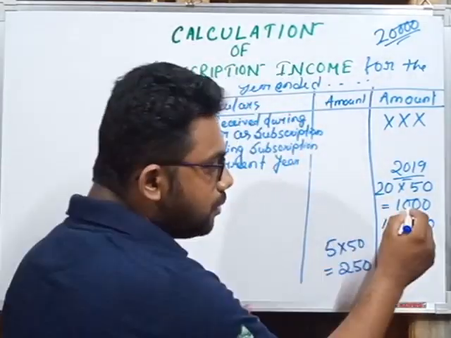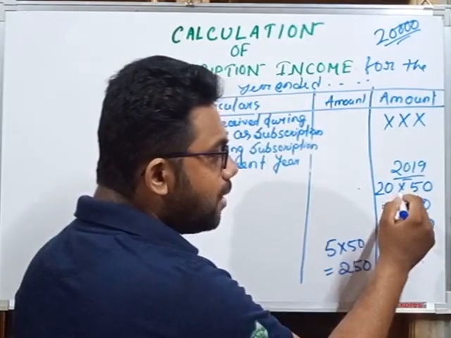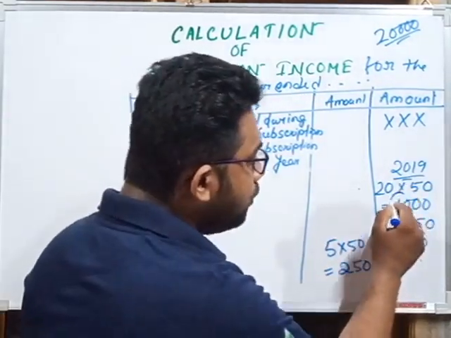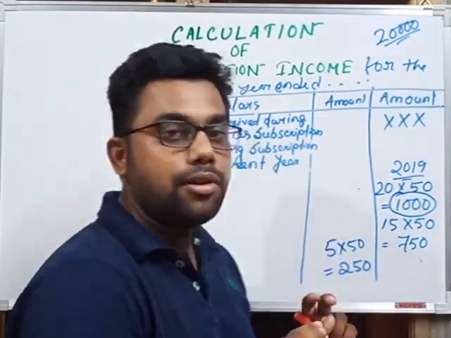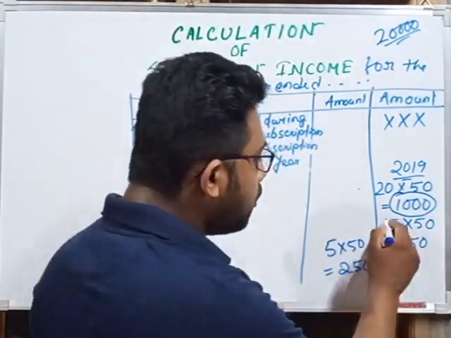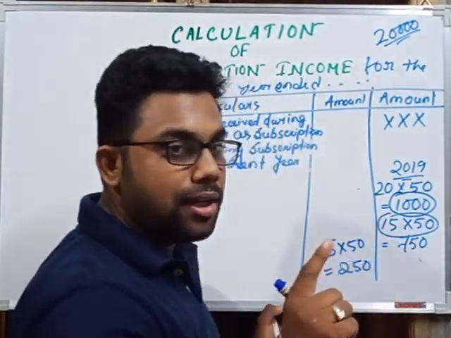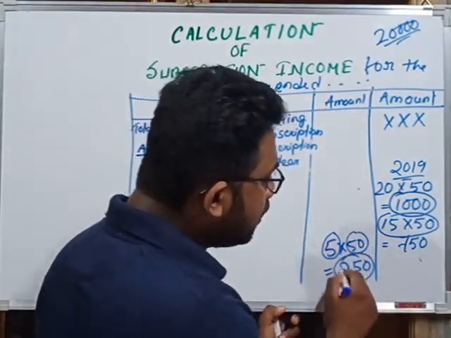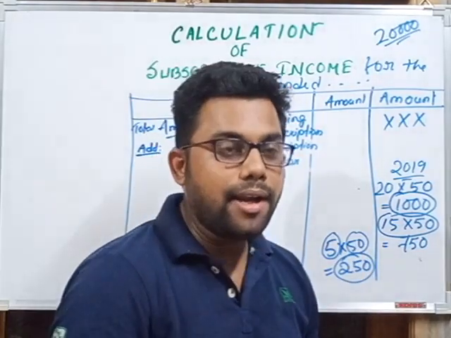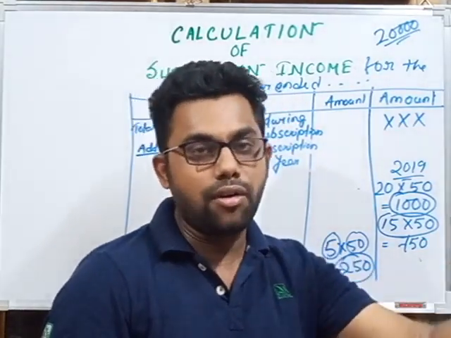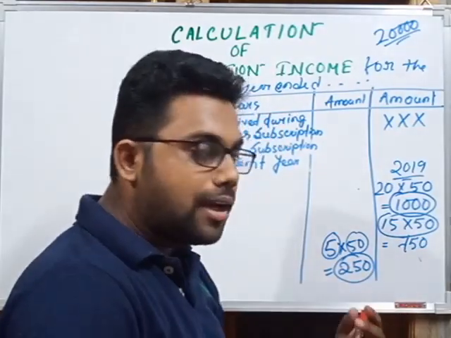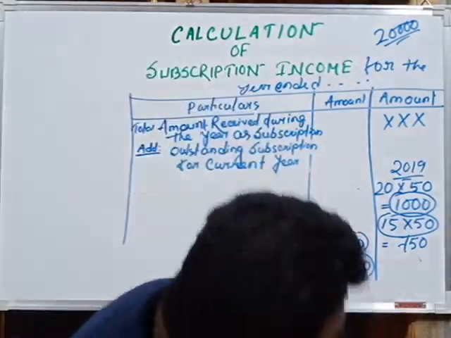For the example I have given, there are 20 members who pay rupees 50 as subscription, so the total income is rupees 1000, but we have received only from 15 members. The outstanding is for 5 members at rupees 50, so 250 is the outstanding. It is income for the current year, so it will be received in the next year or the year after. So we have to add this item.